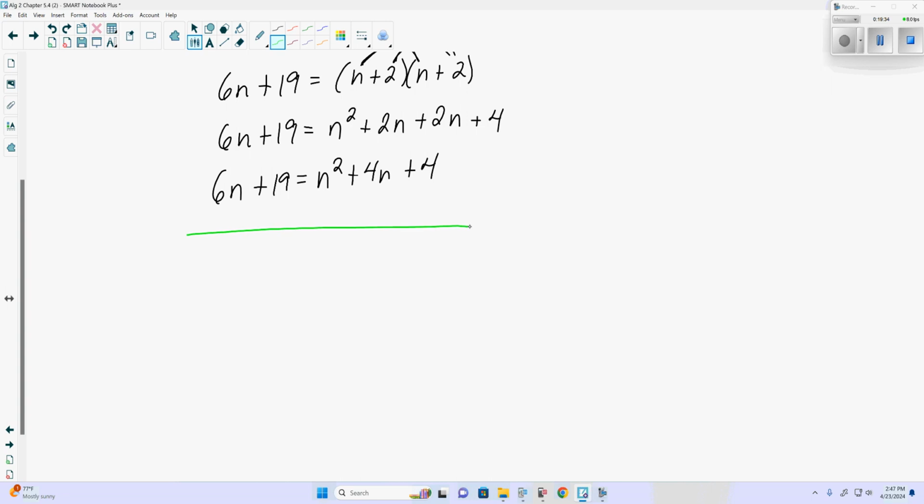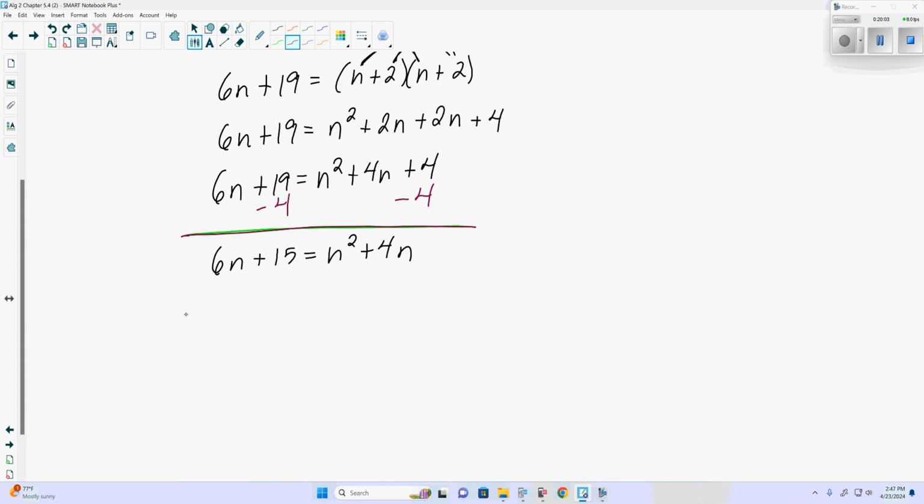Now we need to get this equation equal to 0. So what can we do? We can, but it would actually take more steps. Well, it's just going to be one more. If we subtract 4 from both sides, we get 6n plus 15 equals n squared plus 4n. What would we do next?